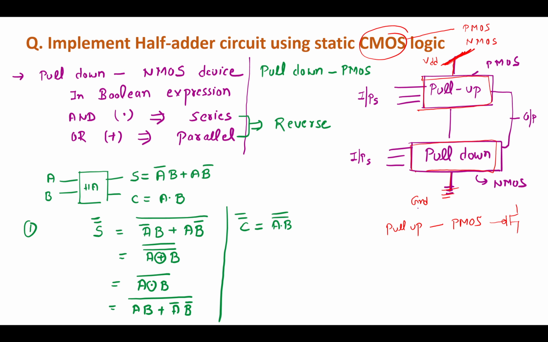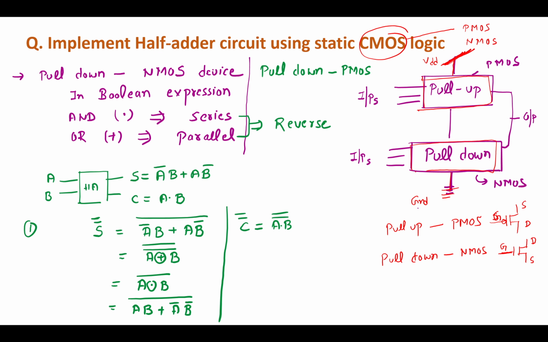The pull down transistor is actually NMOS, and the NMOS symbol is like this. This is your source, this is your gate, and this is the drain. Because we know in the transistor there are three terminals: gate, drain, and source.